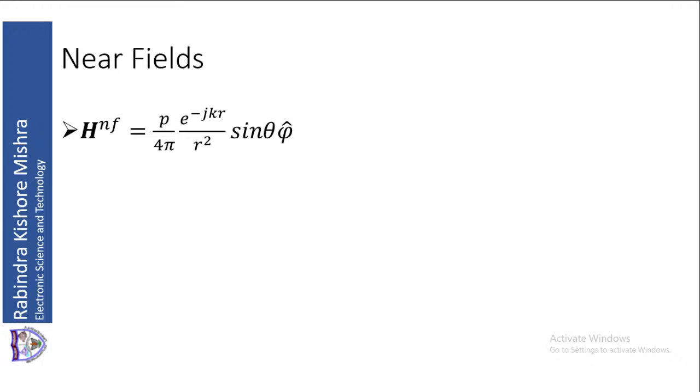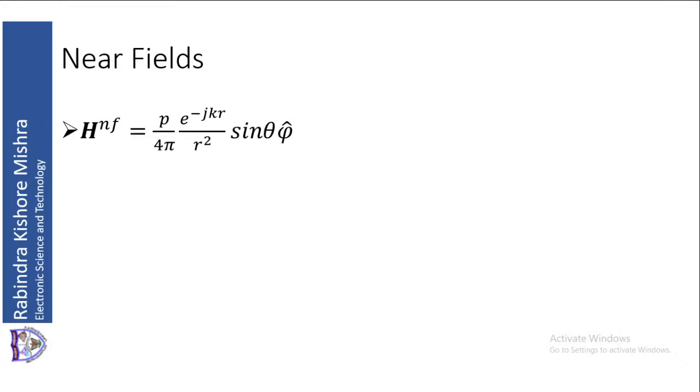For understanding, for example, what the input impedance of the dipole is, we require the electric field component and the magnetic field component. Now the electric field components, E near field theta and E near field R, are in phase with each other.